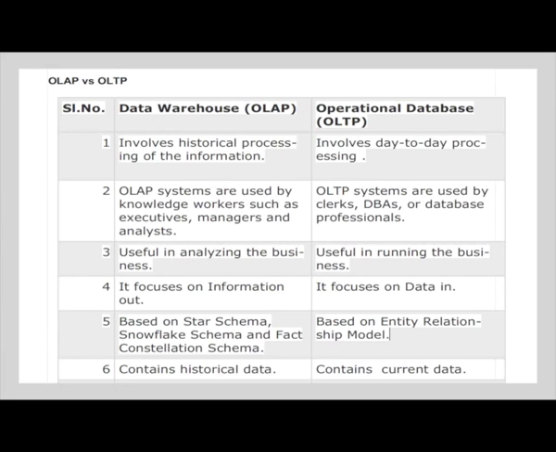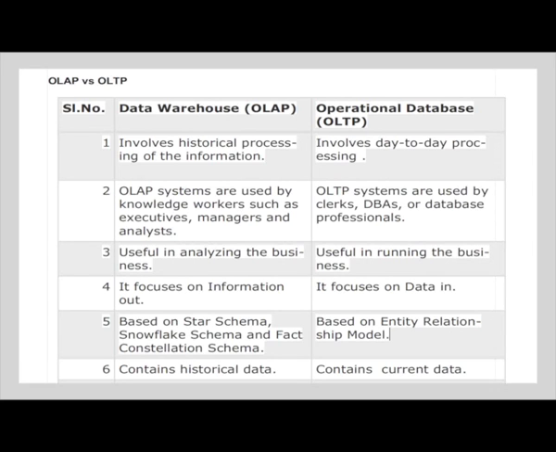Next, let us discuss the difference between OLAP and OLTP. OLAP involves historical processing of information, whereas OLTP involves day-to-day processing. The second difference is OLAP systems are used by knowledge workers such as executives, managers and analysts.